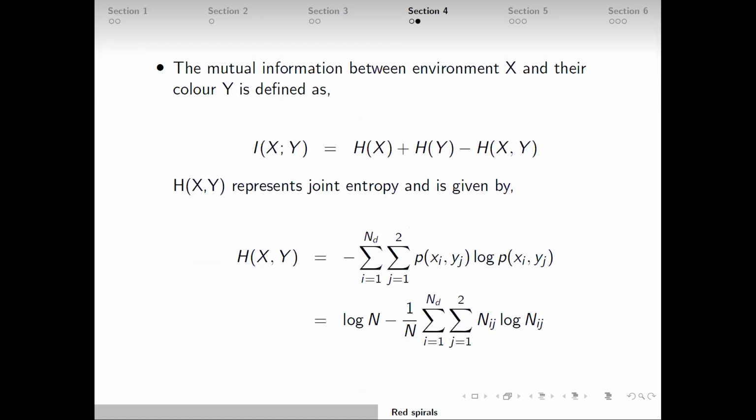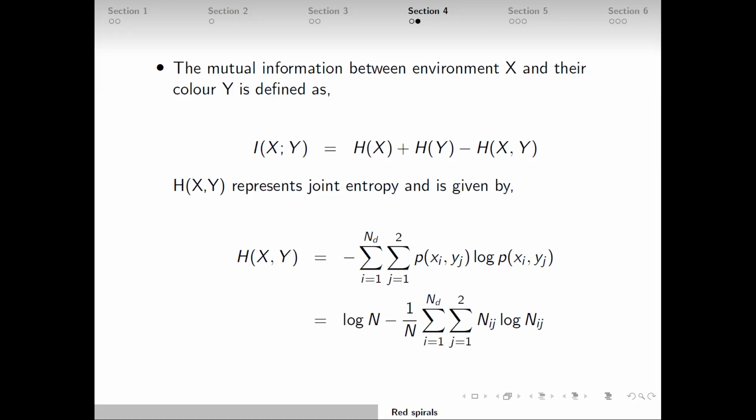The mutual information between environment X and color Y is given by the form of Ixy, where Hx represents the information entropy associated to environment only, and Hy represents the information entropy associated to color.